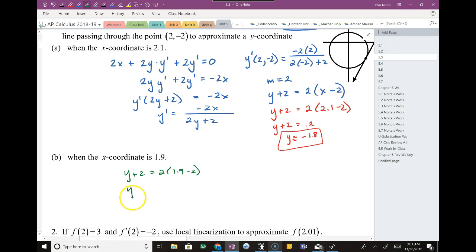Negative 0.1. So then I would have negative 0.1 times 2, which is negative 0.2. And then if I subtract 2, you get negative 2.2. Good. So, oops, I forgot my little squigglies. Okay, so that would be about your corresponding y value.